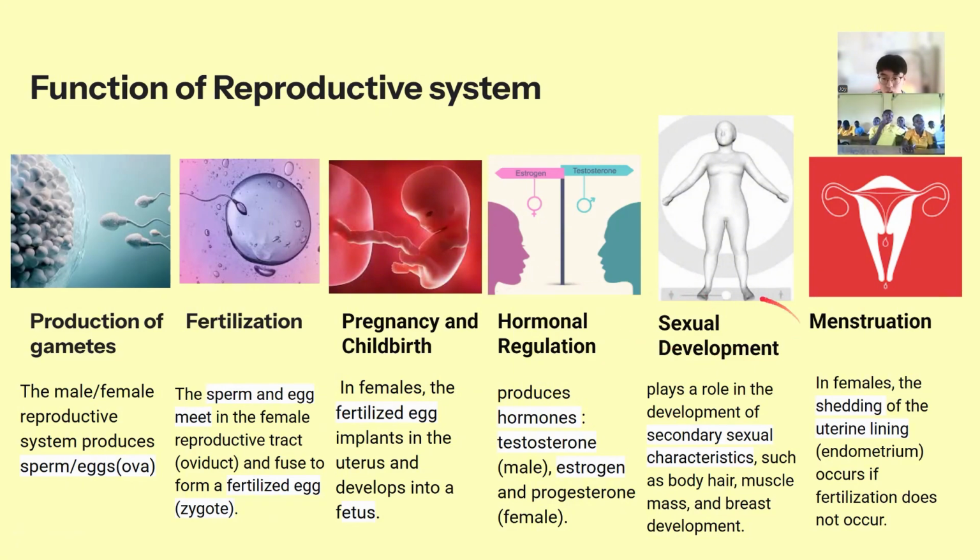And there are also developments. It plays a role in the development of secondary sexual characteristics such as body hair, muscle mass, breast development, etc. And finally, it takes part in menstruation. So in female, the shedding of the uterine lining occurs if fertilization does not occur.